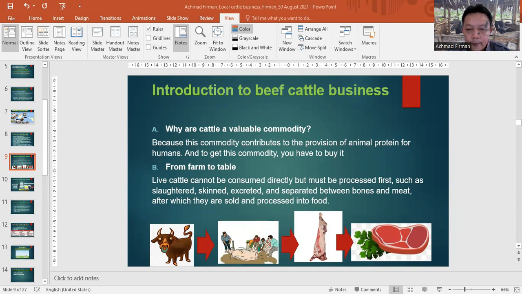Then the cow is slaughtered at the abattoir. Then the blood is removed, skinned, and extracted. Next, the beef is cut into several pieces according to market demand, such as separating meat from bones.